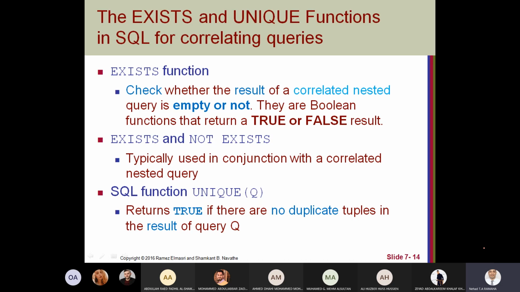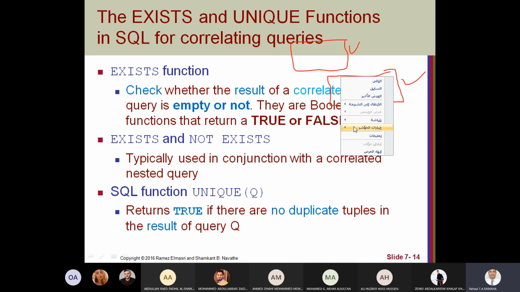So it's like this. You have a query, and the result of this query depends on whether a result exists or not in another query, let's name it the nested query.